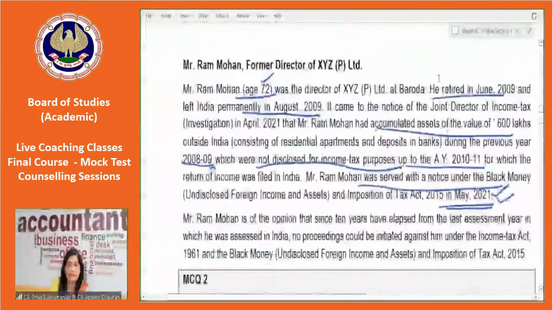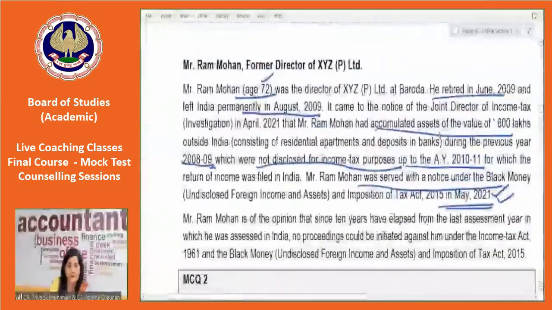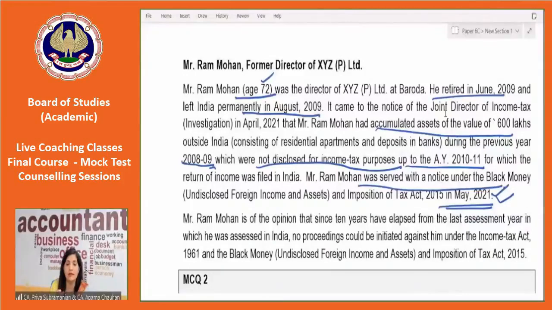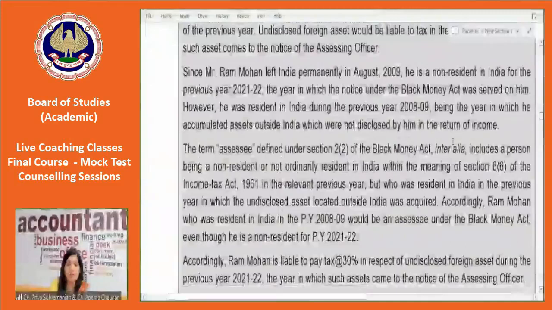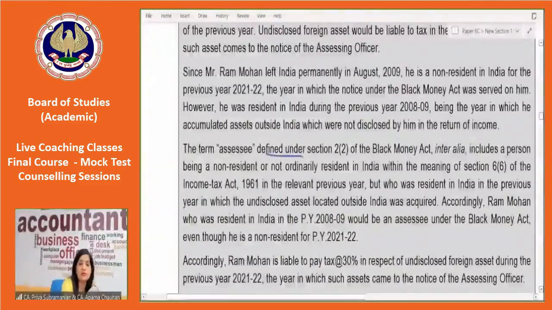In this case, Mr. Ram, for levying the penalty, the charging section of the Black Money Act is applicable. The levy under the Black Money Act is on the persons who are considered assessee. Who are considered assessee in this case? Section 2, subsection 2 of the Black Money Act defines the term assessee, which includes a person being a non-resident or a not ordinary resident in India within the meaning of section 6.